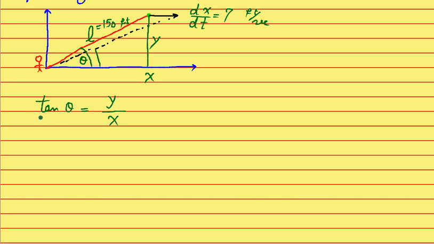Derivative of tangent is secant squared. But we are not differentiating with respect to theta. It's something we need to keep reminding ourselves all the time. Differentiating with respect to time. We want to know how fast is the angle changing with respect to time. So I'm going to write this by using the chain rule. Differentiate this times the derivative of this quantity with respect to time.